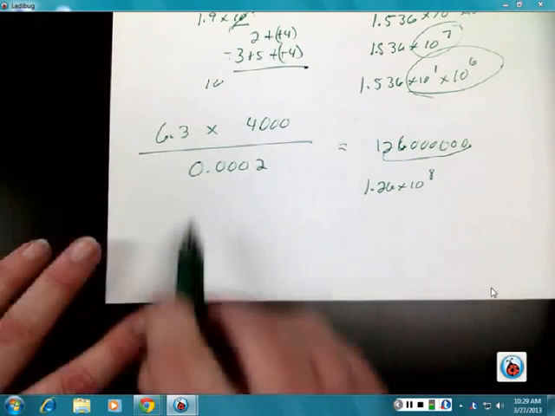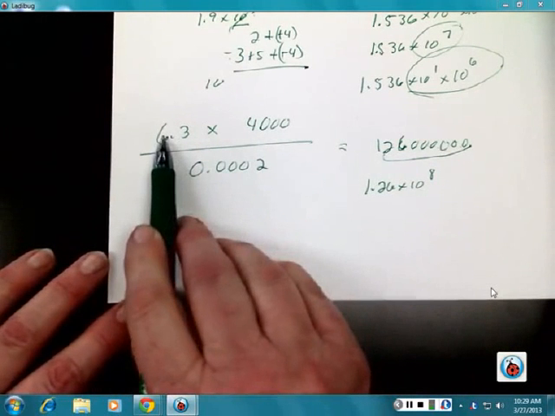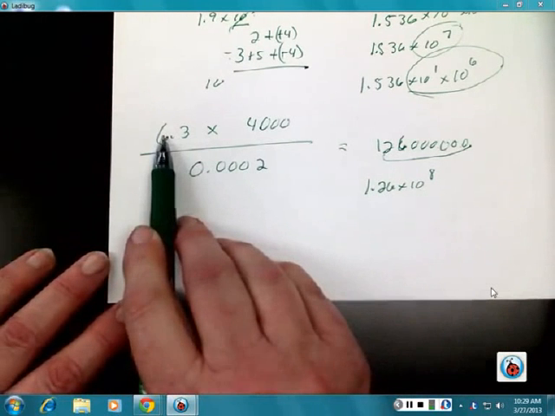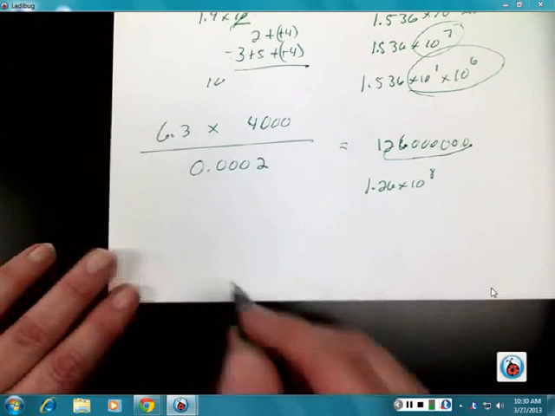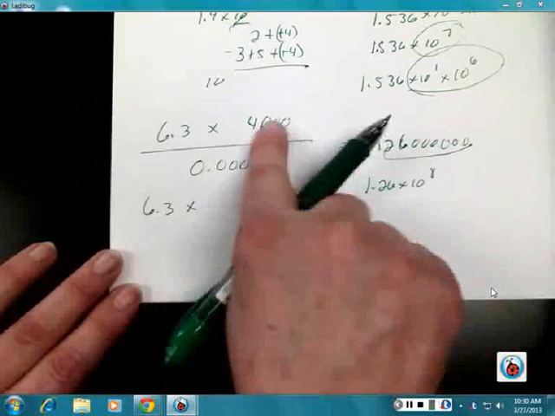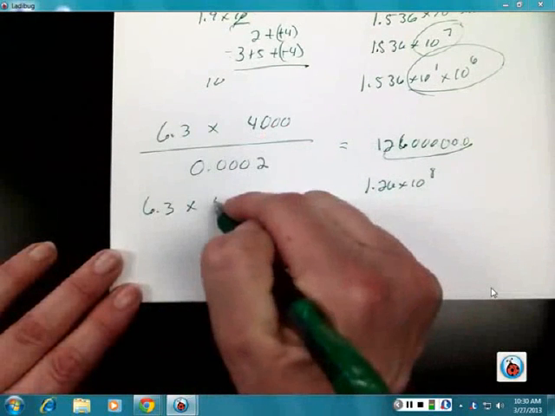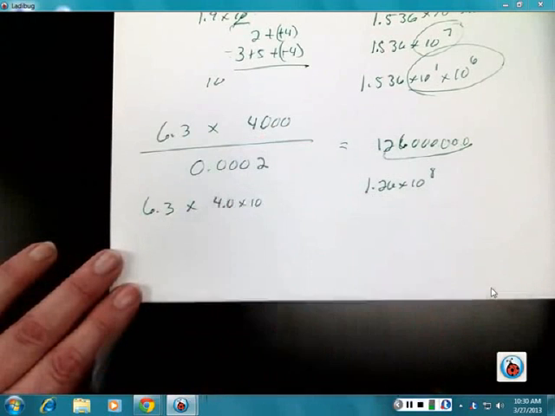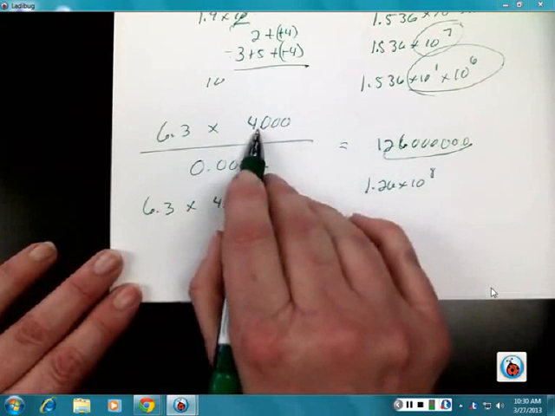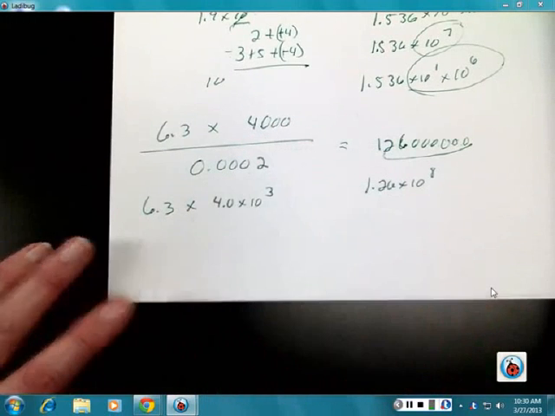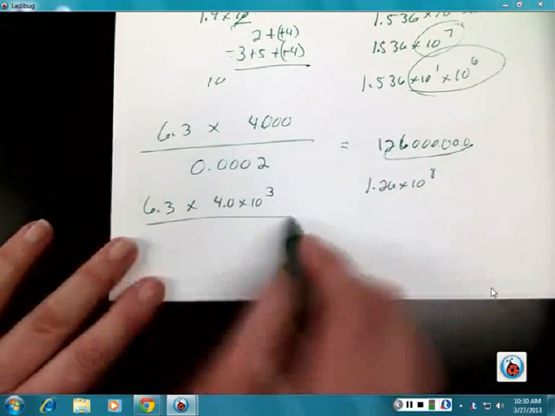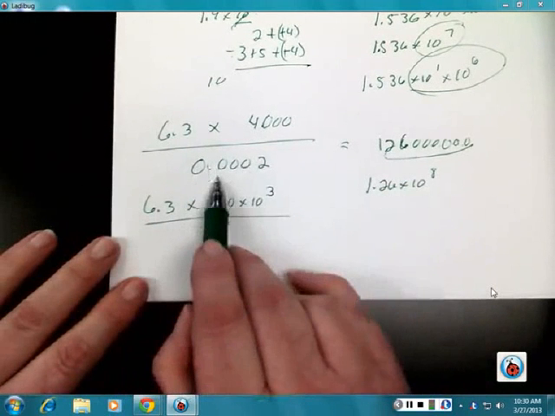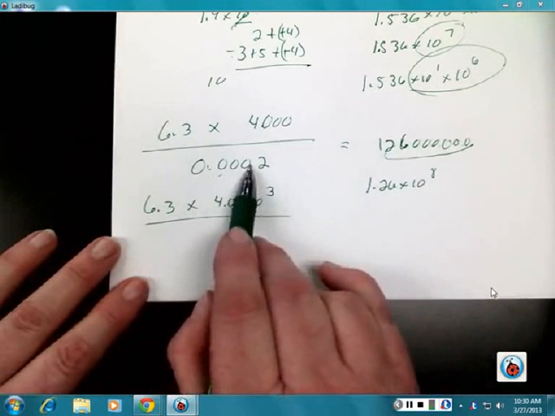So let's do it with scientific notation. Do I have to do anything with 6.3? Or is it okay? 6.3 is fine. 4,000 in scientific notation is 4.0 times 10 to the 1, 2, 3. And it's a positive 3 because it was a positive number. All over 1, 2, 3, 4 back on that one.